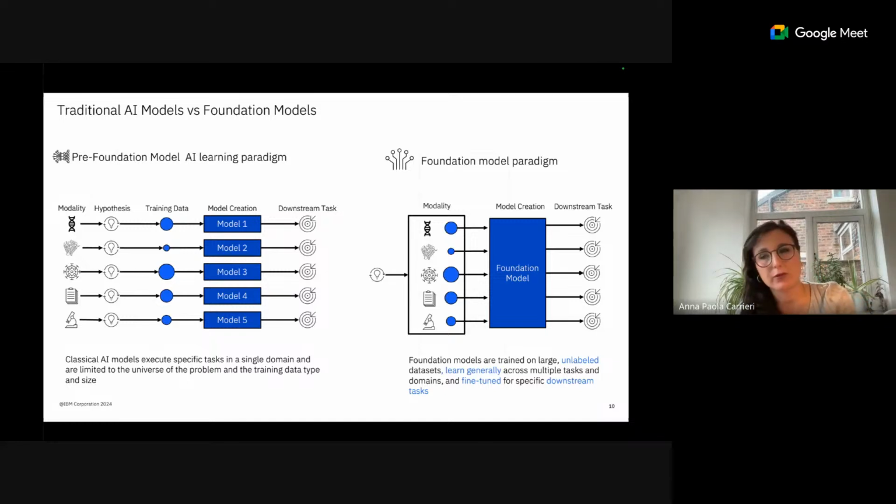With foundation models instead, the idea is that you have one big model, called a foundation model, or large language model, which is a foundation model specific to language. You can train it on a huge amount of unlabeled data that could have different modalities.